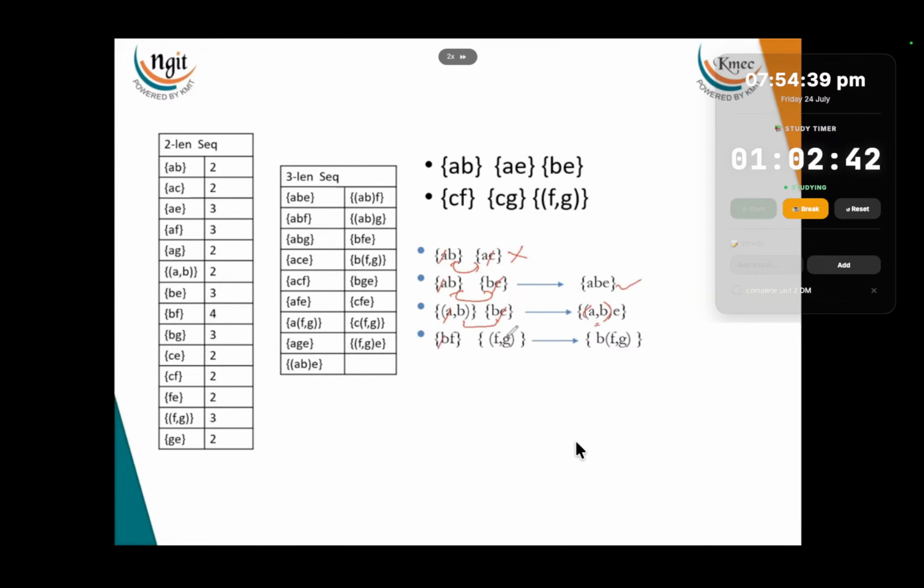So in the next example, if B and G are removed, we can see that it forms the subsequence. But here F and G should be in the same sequence. So that should be clearly mentioned, right?